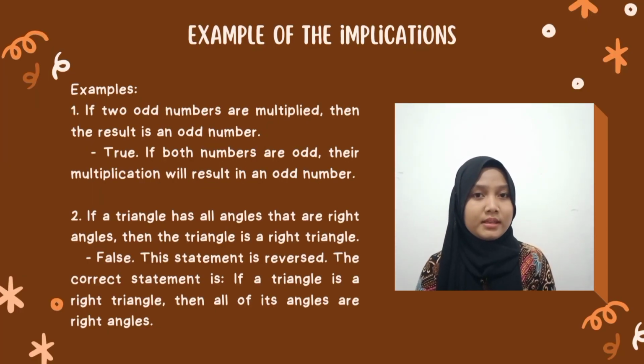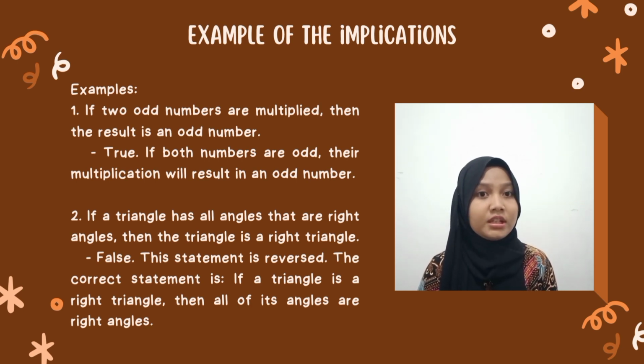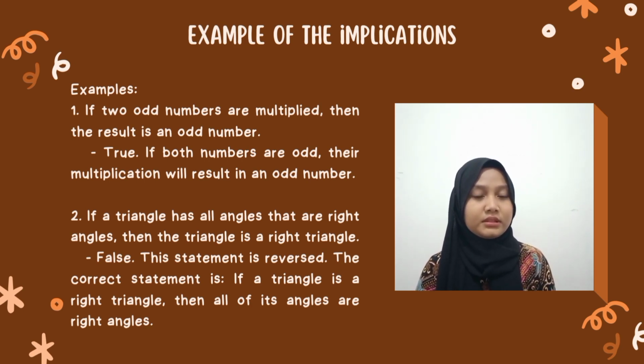The following is an example of the implication. First, if two odd numbers are multiplied, then the result is an odd number. True, if both numbers are odd, their multiplication will result in an odd number.